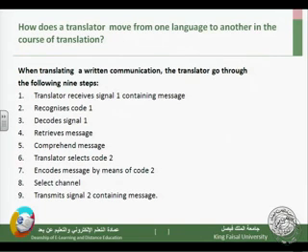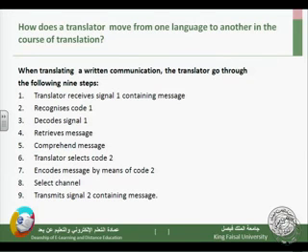Number 1, the translator receives signal 1 containing the message. When he receives it, he recognizes the code. And then he decodes signal 1. It means he tries to deconstruct it, to understand it.